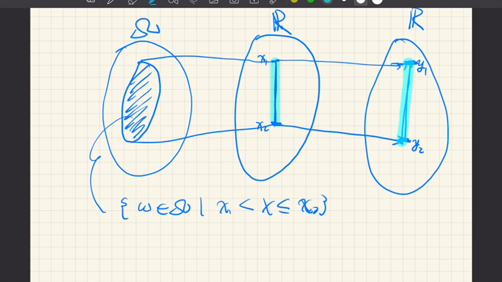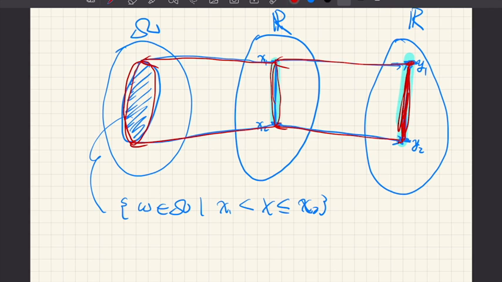If we take this interval to omega, it will go to here, then go to here. So this interval in y corresponds to exactly the same subset of omega as this interval of x.